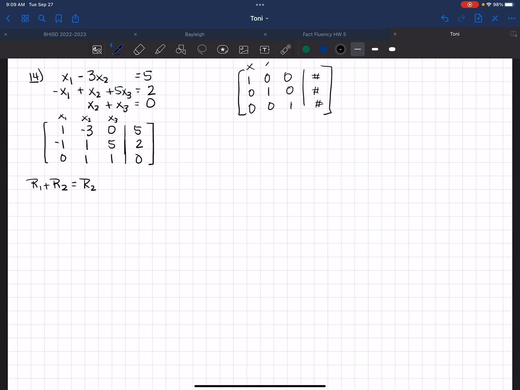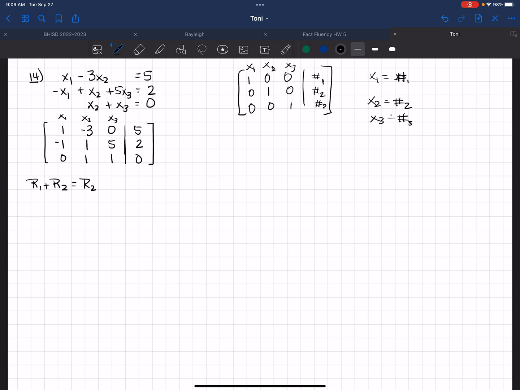Because that means 1x1 would equal whatever you got for number 1, and then 1x2 will equal whatever you got for number 2, and then x3 would equal whatever you got for number 3. Okay, so the goal is to get something like 1, 0, 0, 0, 1, 0, 0, 0, 1. And then you have your answers on the other side.